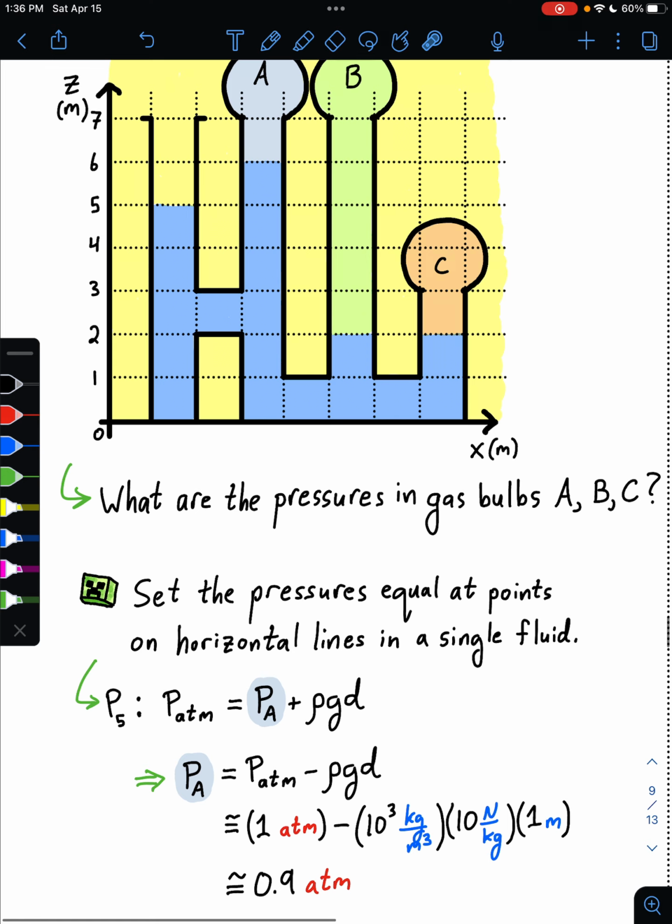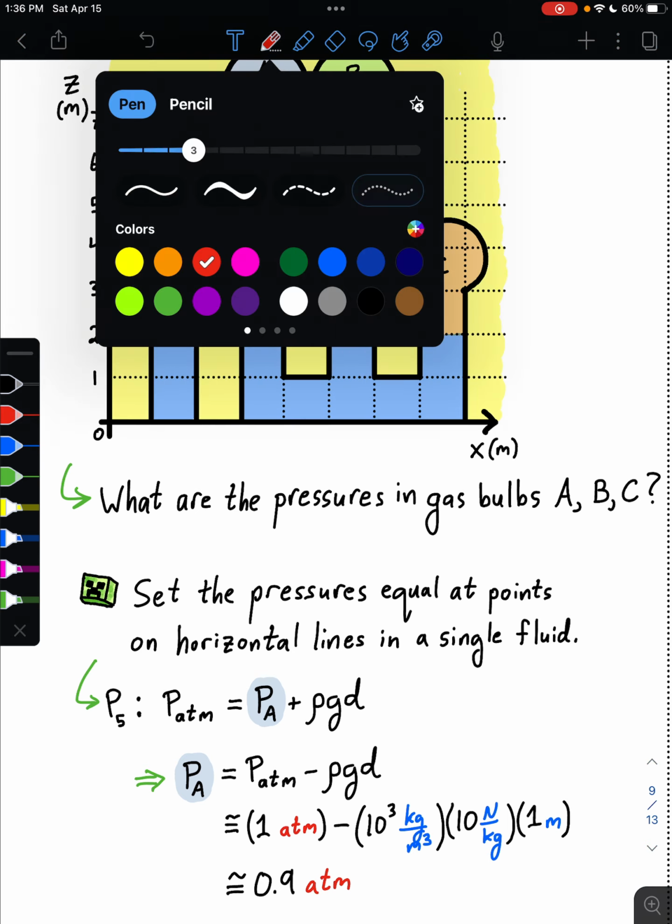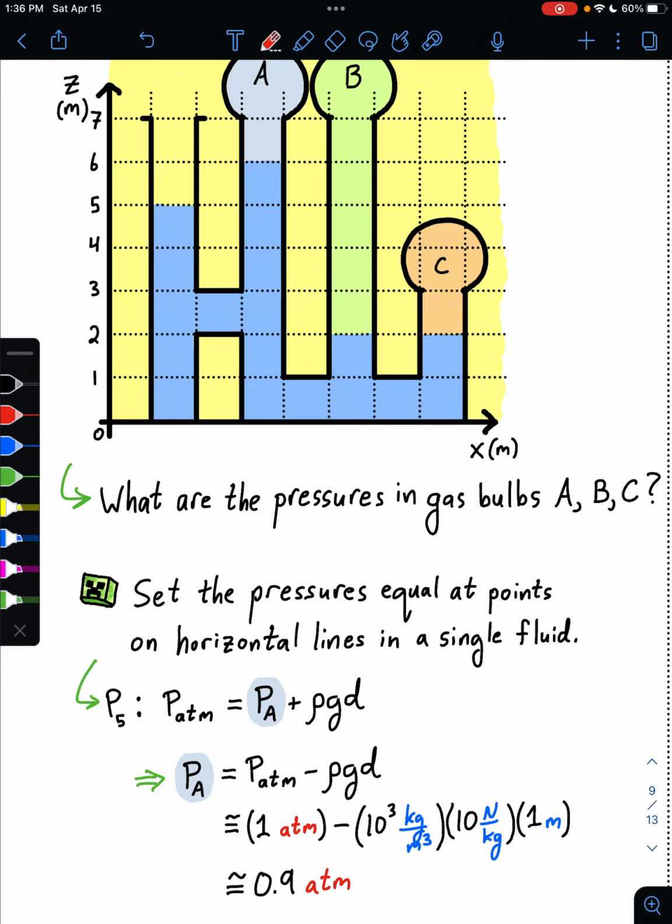Got it? All right, here's how we do it. Let's see, the lines we'll draw will be first a horizontal line, say here, at a Z value of 5. And we'll say that the pressure here, we'll call it P5, at the top of that column of water must be equal to the pressure over here, since it's the same water.